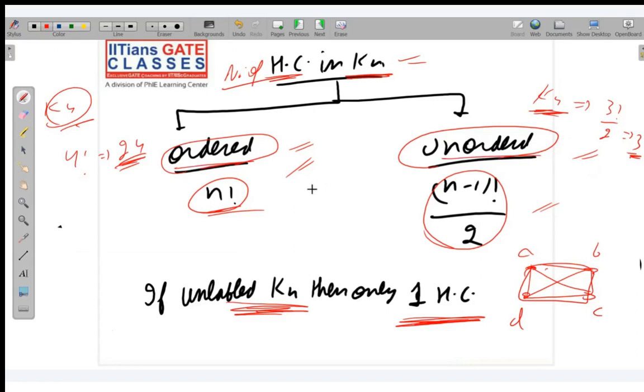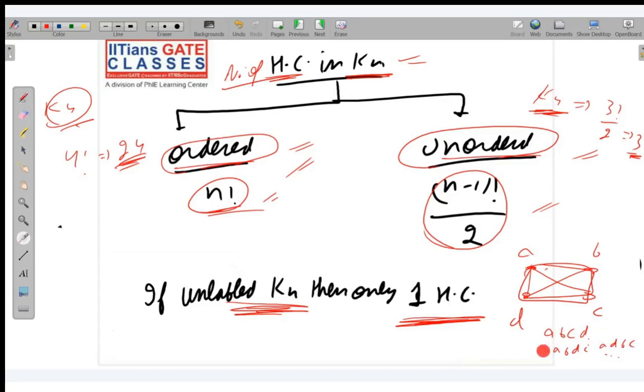If you want a little bit of proof, I will give you the intuition behind it. Since it is a complete graph, you write ABCD, you write ABDC, you write ADBC, whatever way you write, it will be a Hamiltonian circuit. You can check that out. Why? Because it is a complete graph. Between every pair of vertices there is an edge.